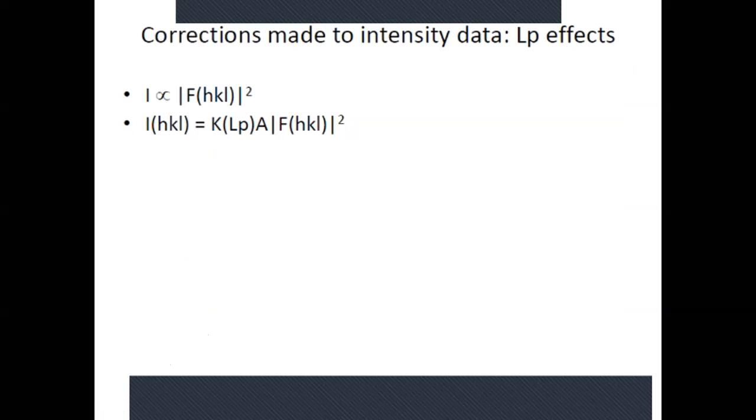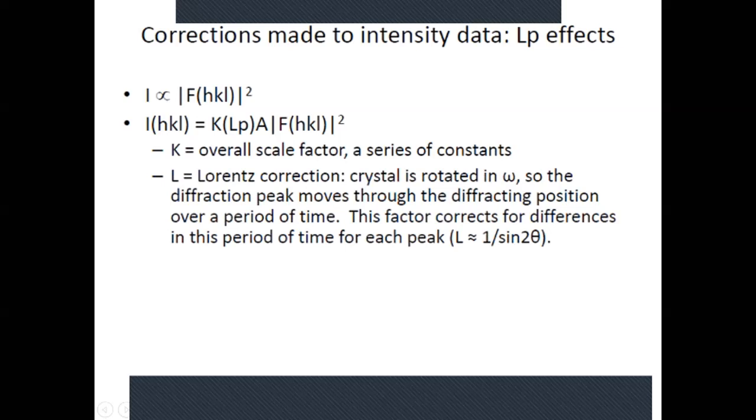And so as we said earlier, intensity is proportional to the square of the structure factor. Here, the intensity of the HKL is equal to a few different variables, and these are different things that can be adjusted when you're scaling and merging. So K is the overall scale factor. It's a series of constants. L is referred to as a Lorentzian correction.